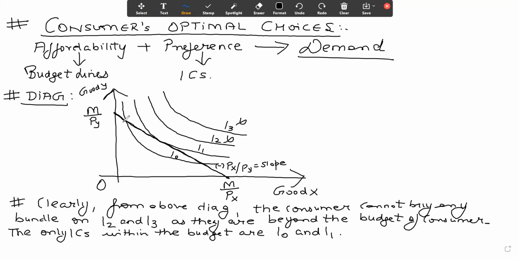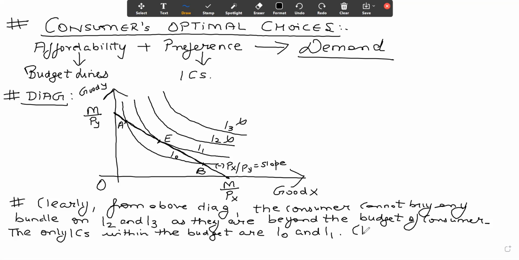Now we can take 2 points. Suppose this is point A, this is point B, and suppose we say this is point E. Now, will the consumer want to buy A and B? No. Why? Because the consumer can buy E and be on a higher indifference curve.